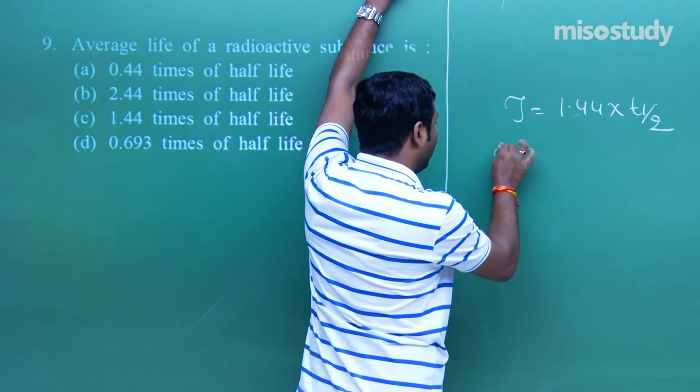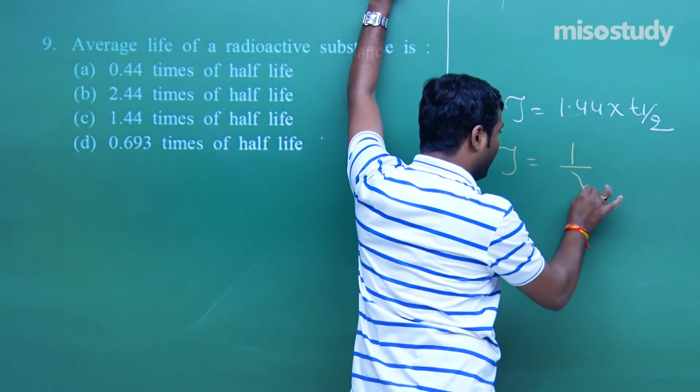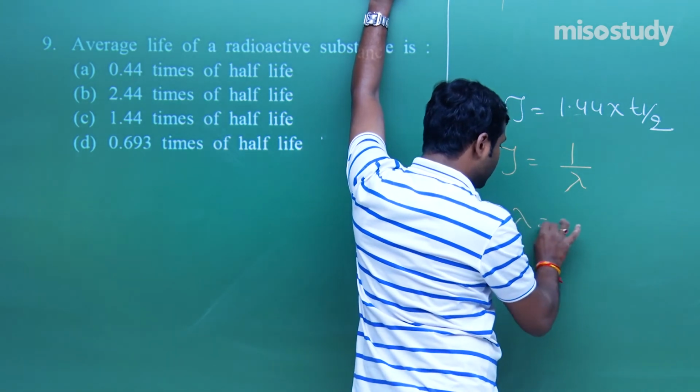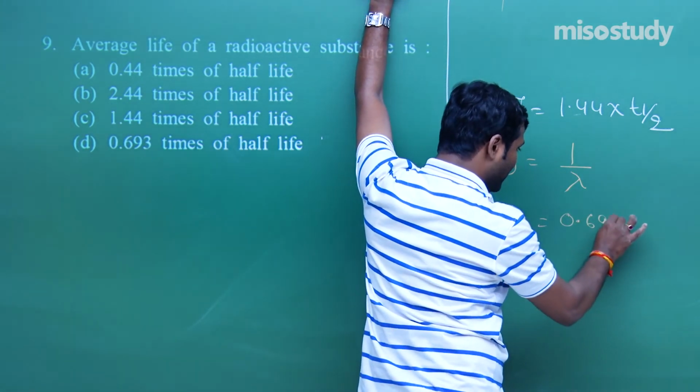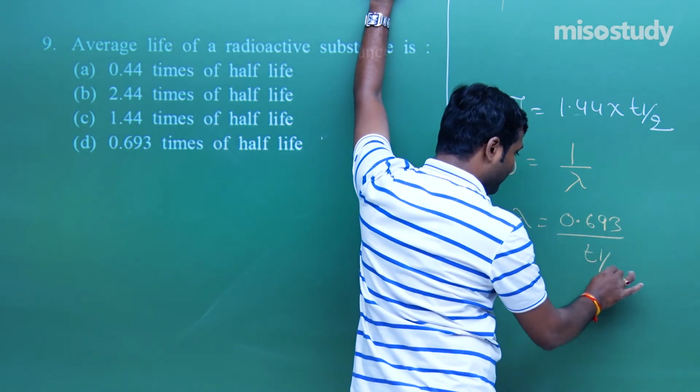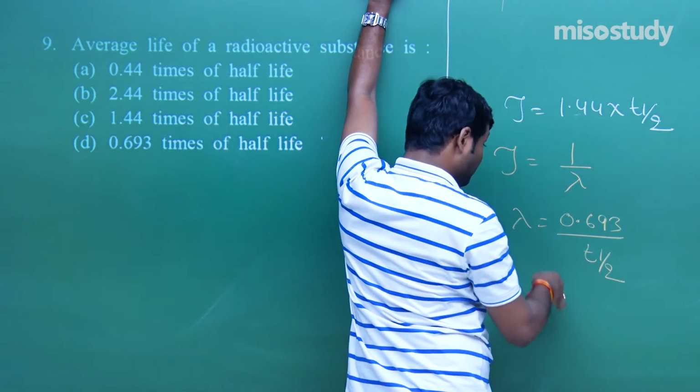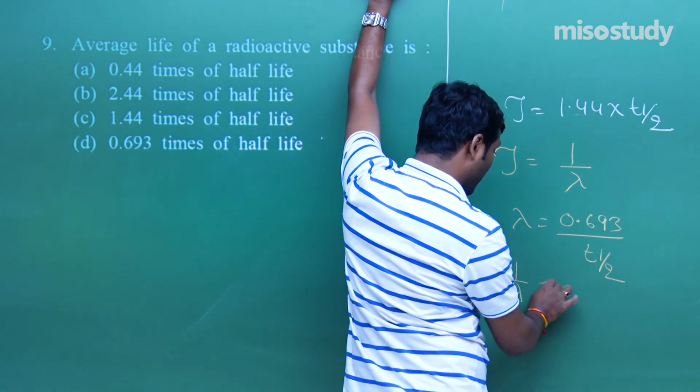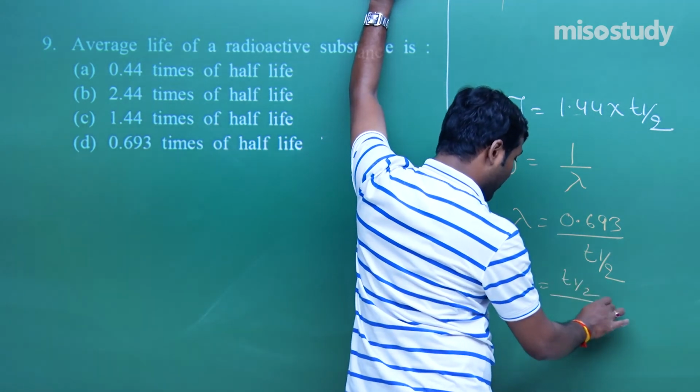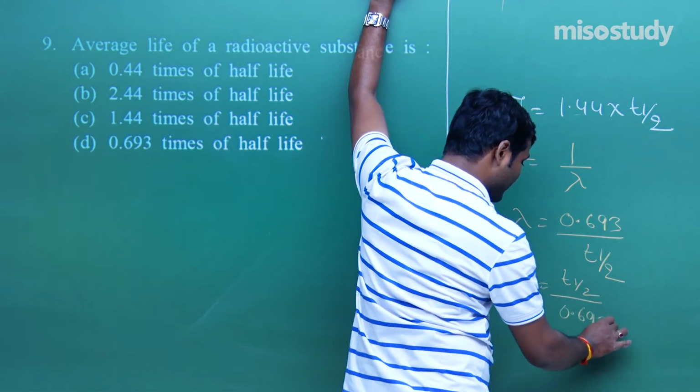Again I am repeating, average life equals 1 upon lambda. We know lambda is equal to 0.693 upon T half. Clear to you? So 1 upon lambda is equal to T half upon 0.693.